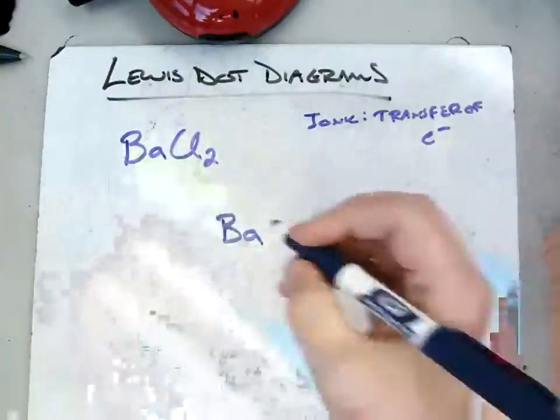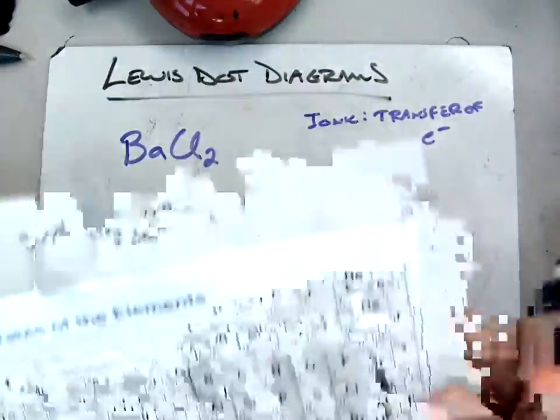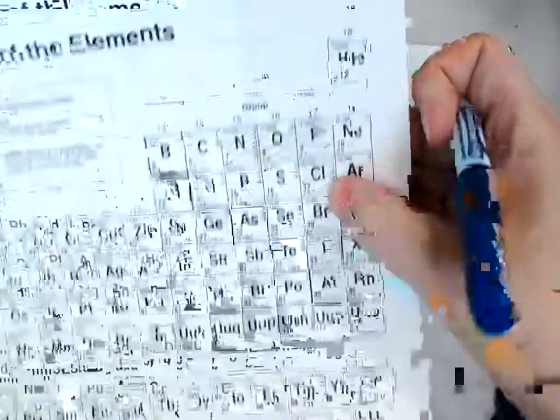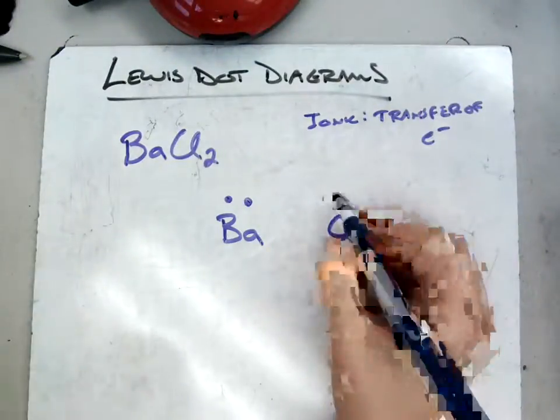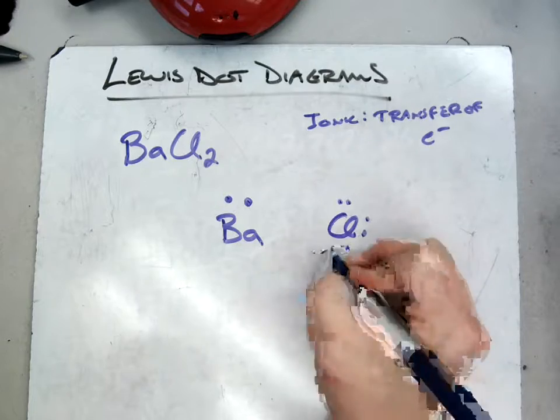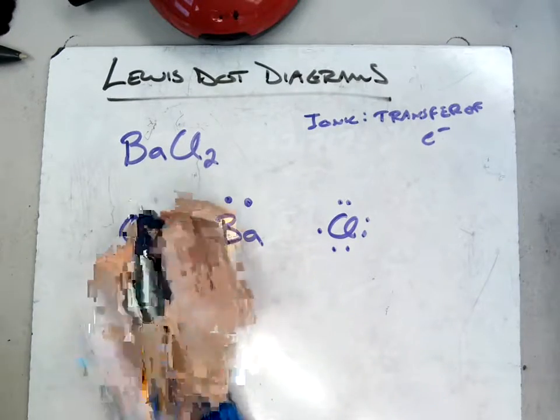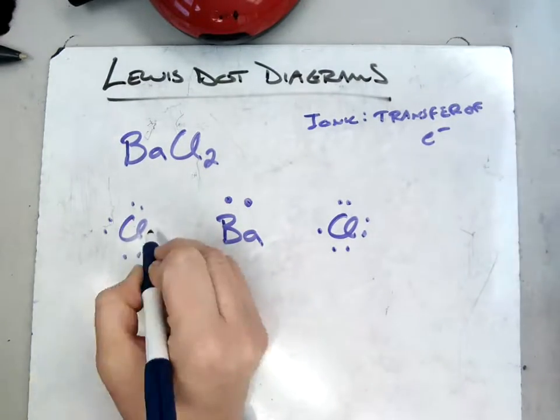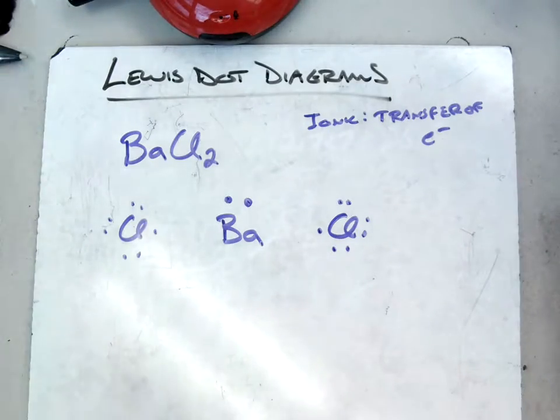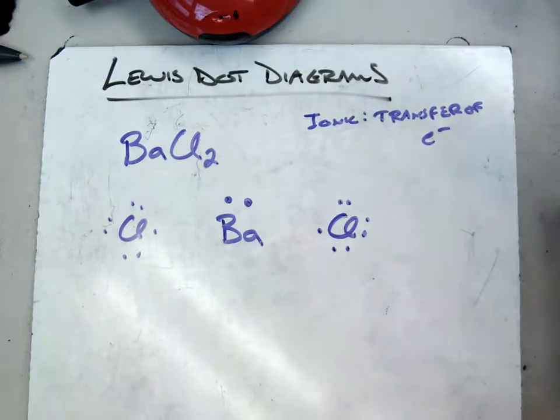Barium has 2 on the outside, and each chlorine has 7. Now they both want octets, but chlorine is going to get the octet by gaining electrons. Barium is going to get his octet by losing all his valence electrons, so it'll look like he has no dots, but we know he has an octet hiding in the layer below.